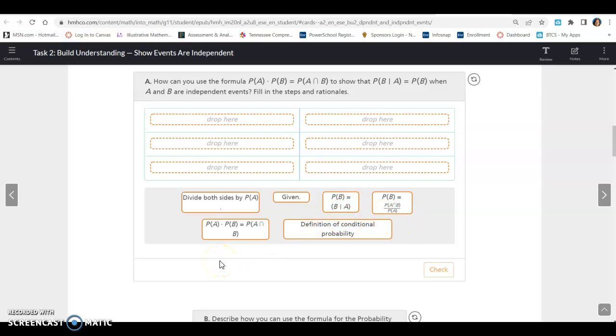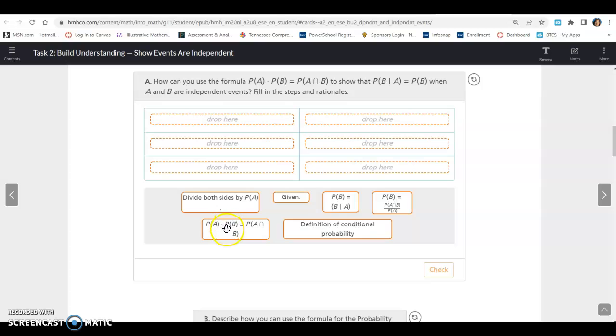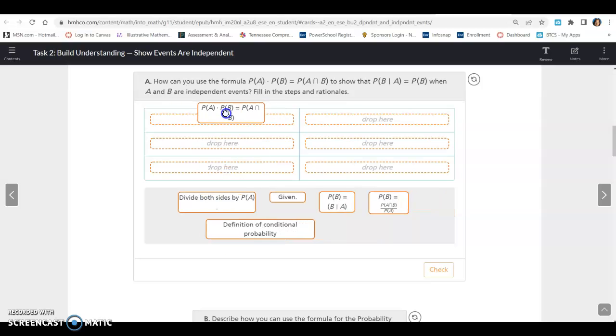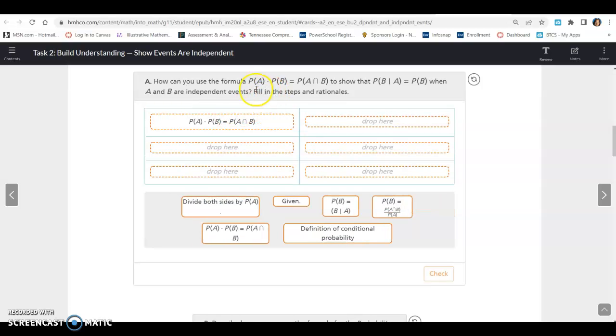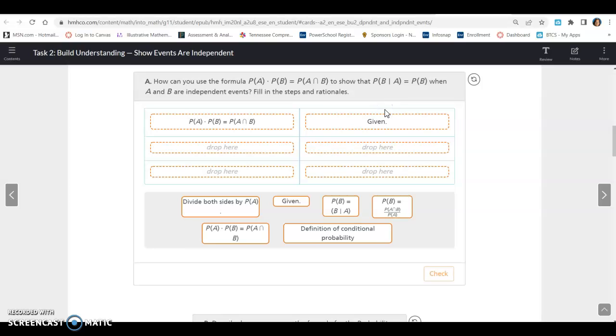To begin with, we're going to start with what we know. This right here, maybe, if I can get it to drop in there. There we go. Because that right there is given. So this was given to us in the question. Let's look at what else we have.